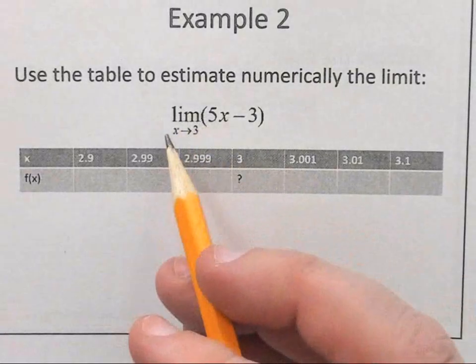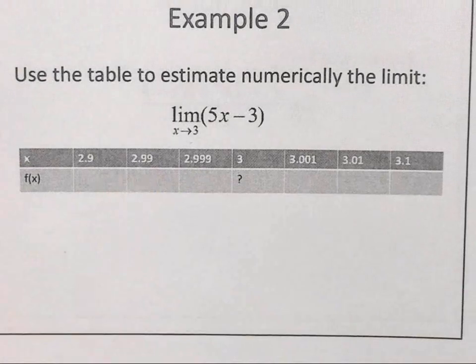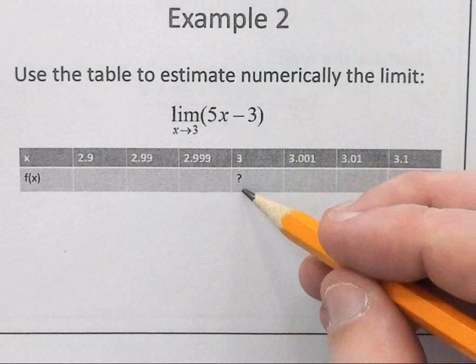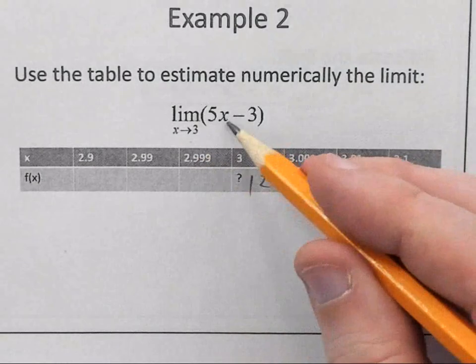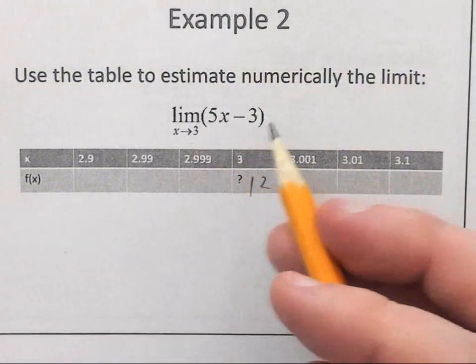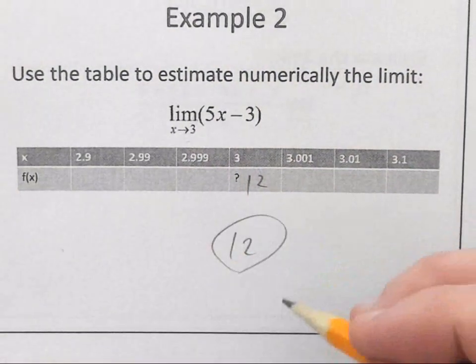So what this means is the limit as x approaches 3. That doesn't care what it is at 3. What's going on as it gets closer and closer to 3? Almost what? At 3. What is it actually at 3? 12. Plug in 3, right? As this gets closer and closer to 3, this should get closer and closer to 12.